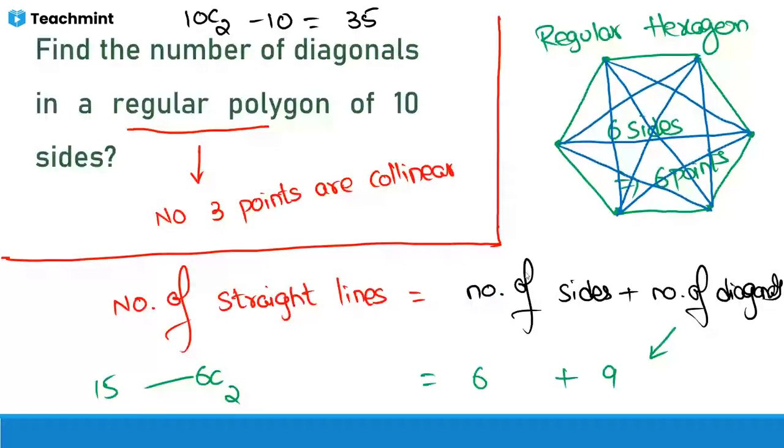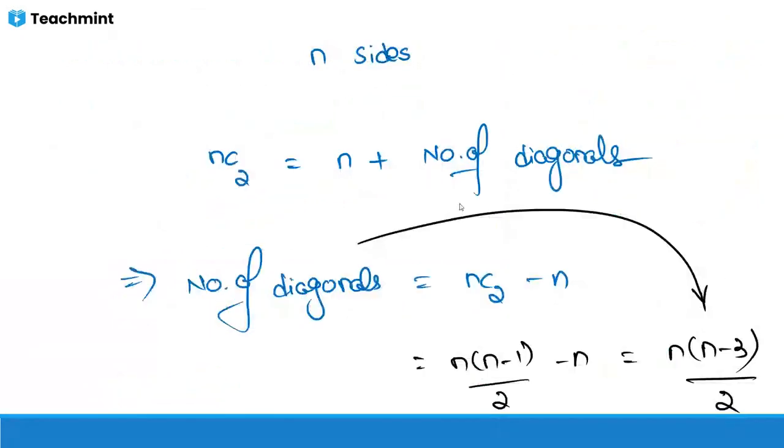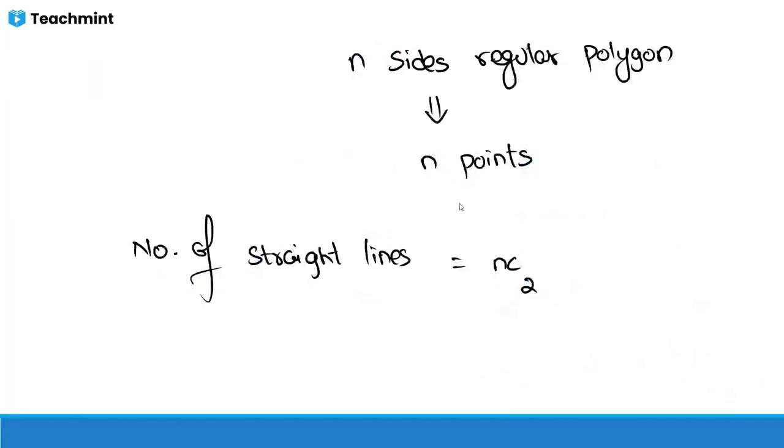Because, as I mentioned, it is a regular polygon. You take any 3 points. I have 6 points here. You point out any 3 points. Are they on the same slope? No, right. A regular polygon will definitely have no 3 points collinear. Means directly, if it is n points, select 2, nC2. And if it is an n-sided polygon, the number of sides is n.